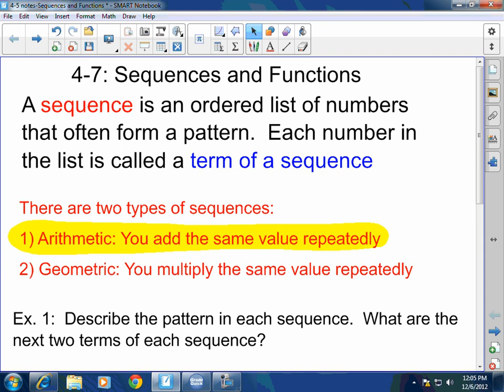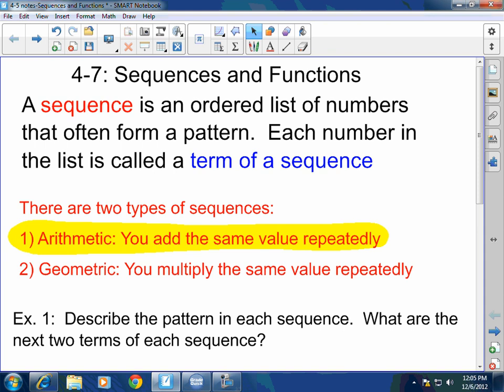Whatever it is, though, has to be multiplied repeatedly to itself over and over and over. So an arithmetic sequence, again, you find because you add the same value repeatedly. A geometric sequence you find by multiplying the same value repeatedly. Does that make sense, boys?